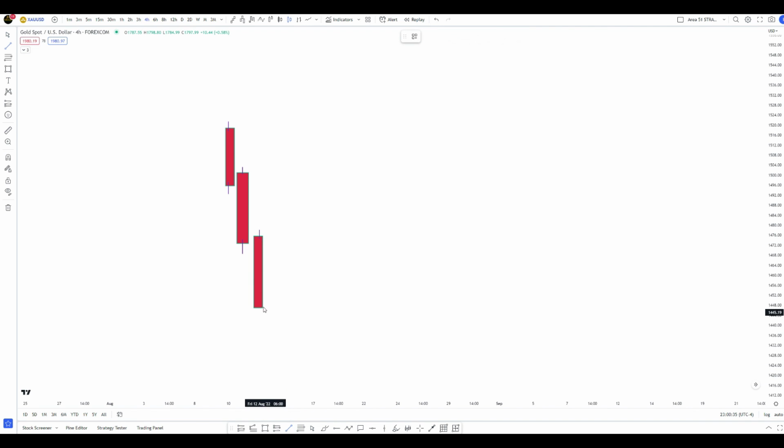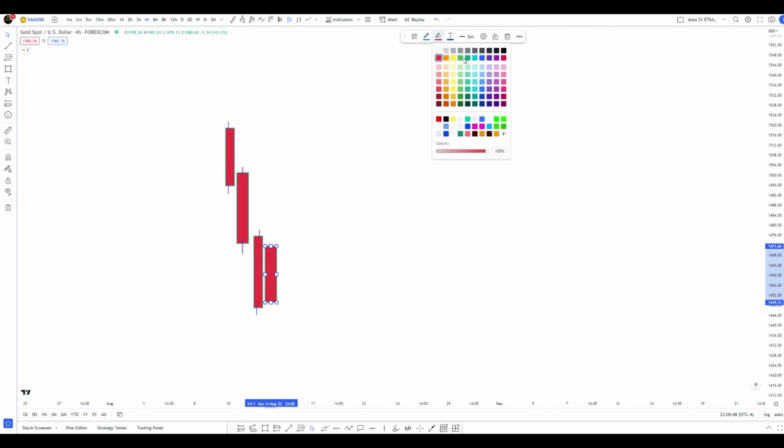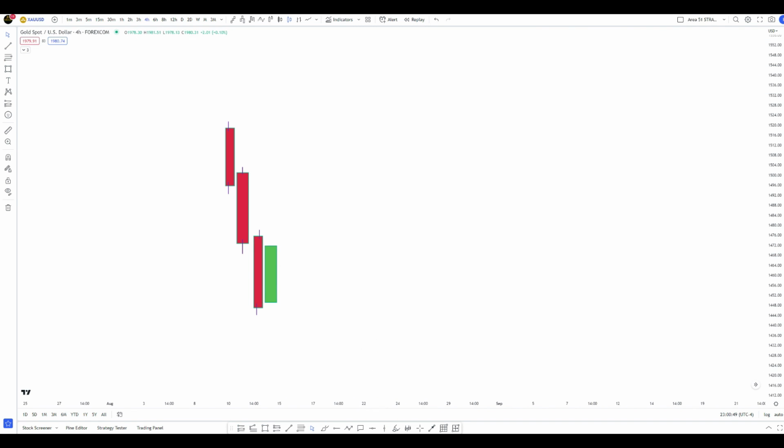So here we can identify that the market is in a downtrend. We don't see any pullback yet. And then let's say a bullish candle formed here. It has a wick here, low, open, close, and high.